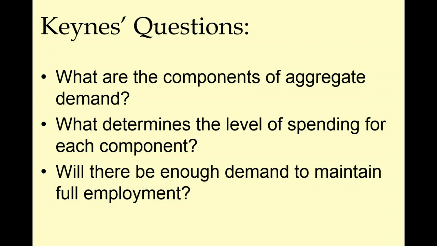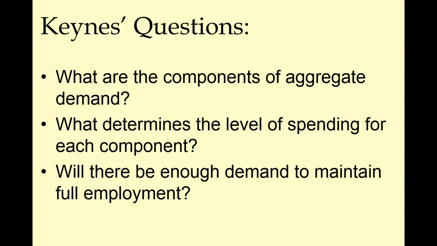He theorized that the reason for the downturn was a collapse in demand. People weren't buying anything. And if people are not buying anything, you don't produce anything, and people are unemployed as a result. So basically, Keynes theorized that if demand was the problem, maybe demand is the source of the solution.